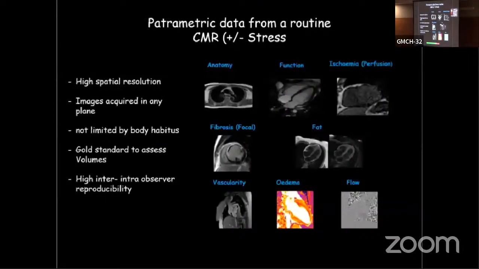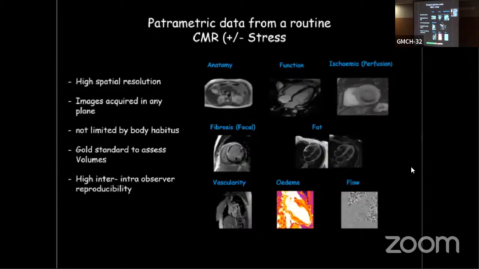A routine CMR scan provides a large variety of parametric data. This can help answer some of the clinical questions, thereby helping patient management. A basic CMR study should enable you to make an assessment of cardiac anatomy, cardiac function, and tissue characterization, which is perhaps the most important feature of CMR. And tailor-made sequences can help answer specific questions.